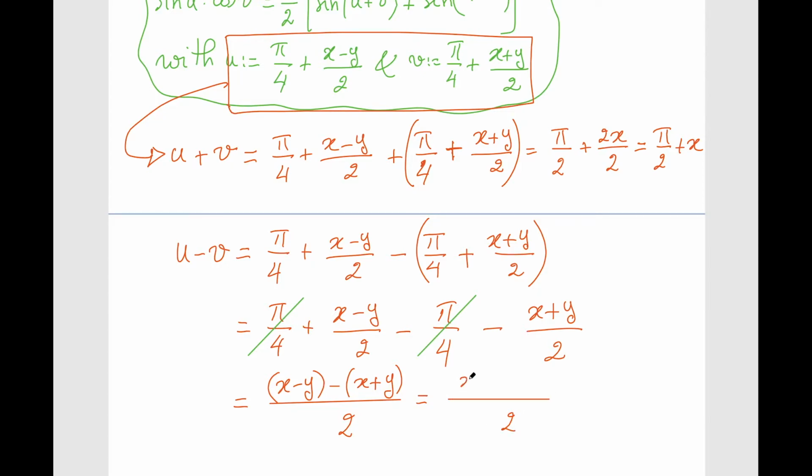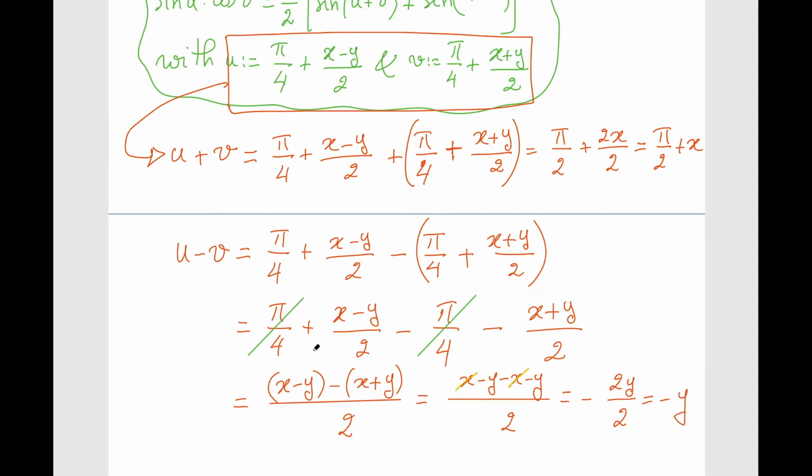This is x minus y minus (x plus y), agree? So again, for the same reason, I destroy the parentheses, this minus kicks in, everybody inside flips signs, minus x and minus y. Now the x and the negative x, they cancel. So this guy and this guy cancel. And what am I left with? I'm left with negative 2y over 2, which is negative y, right?